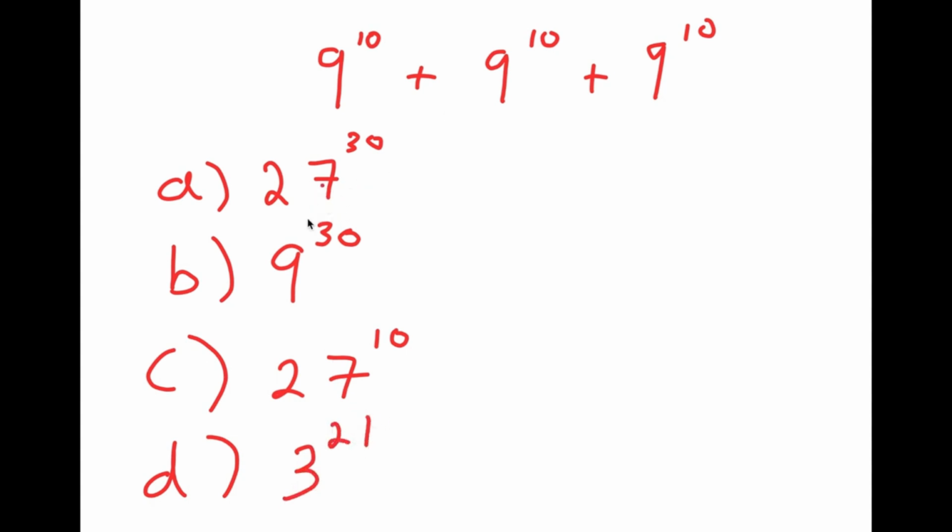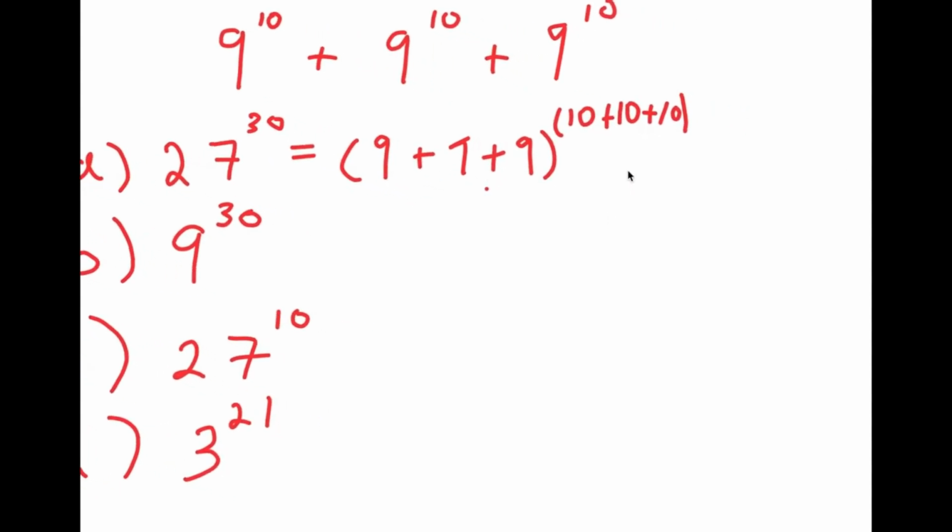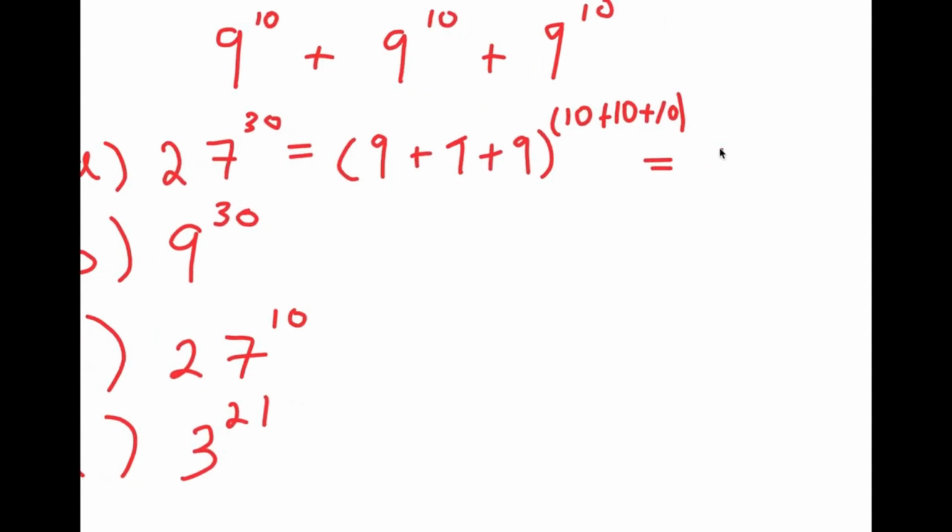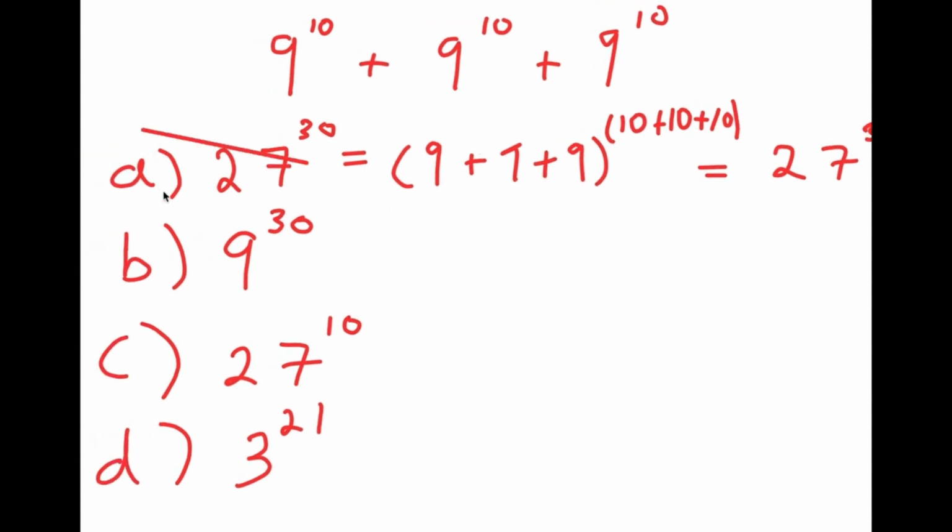So to first start out, let's go through all these option choices and see if they're right or not. So we first have A, 27^30, and how this likely resulted was from adding all the bases and adding all the exponents. So we have 9 plus 9 plus 9 to the power of 10 plus 10 plus 10, which is equal to 27^30. And this is actually wrong because this is not the proper way to add exponents.